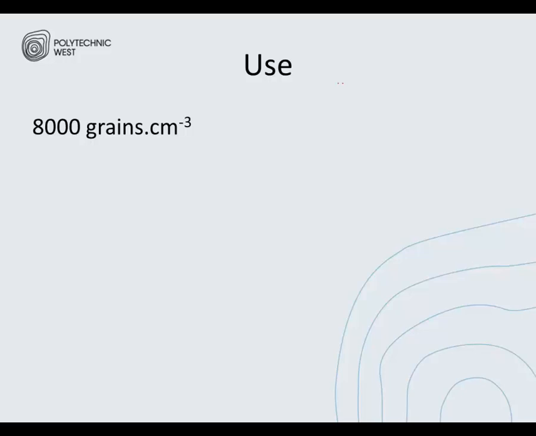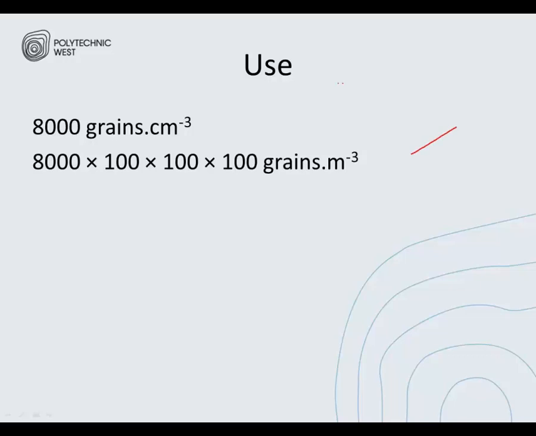So to find the number per cubic metre, I'd multiply that by 100 times 100 times 100, because when you make a cubic centimetre into a cubic metre, there's 100 of them going that way, 100 going that way, and 100 going that way, to give me a cubic metre. So to find it in cubic metres, you take 8,000 times 100 times 100 times 100.